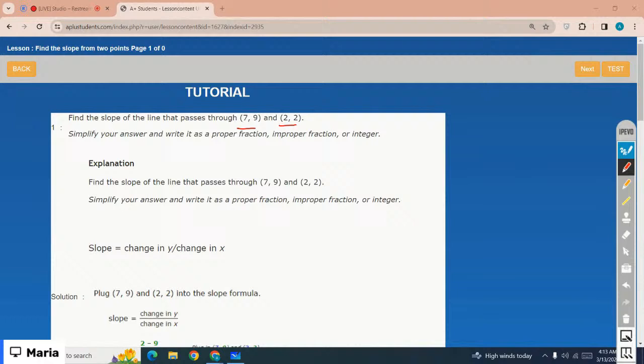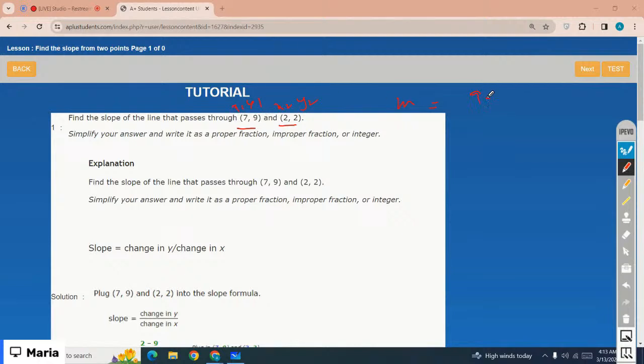The points are 7, 9 and 2, 2. You have to do the change in y divided by change in x, like you have to calculate the difference between the y components divided by the difference between the x components. So this is x1, y1, this is x2, y2.